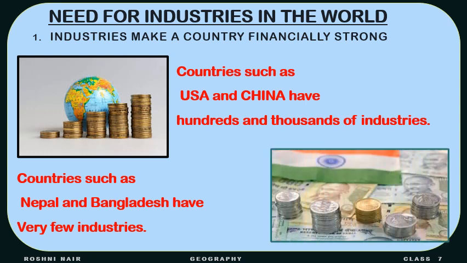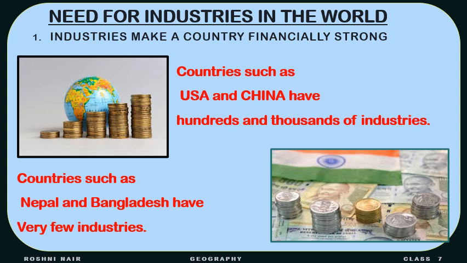Important, remember, countries such as USA and China have hundreds and thousands of industries. And opposite to that, we have countries like Nepal and Bangladesh, which have very few industries. So naturally, their economy is less compared to the economy of USA and China.